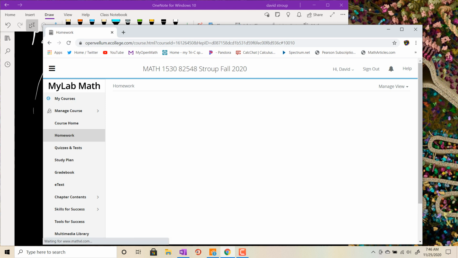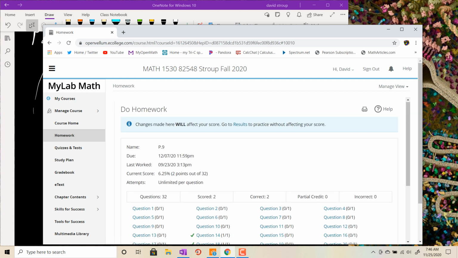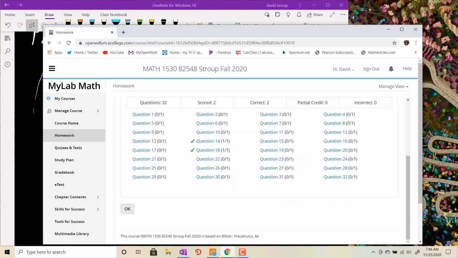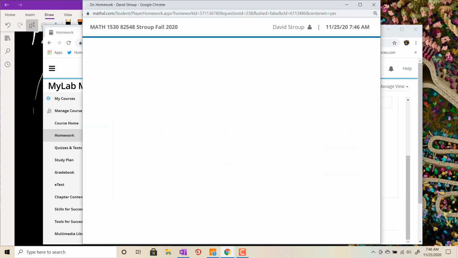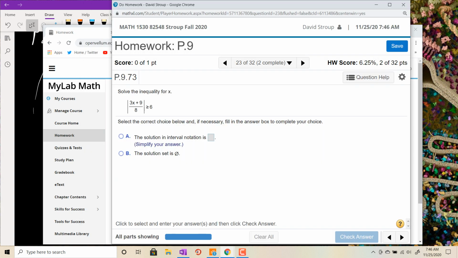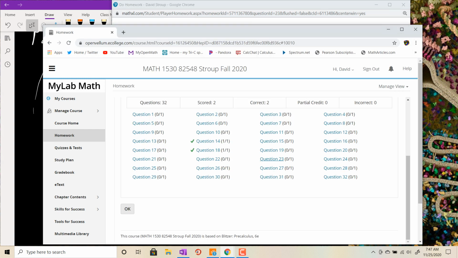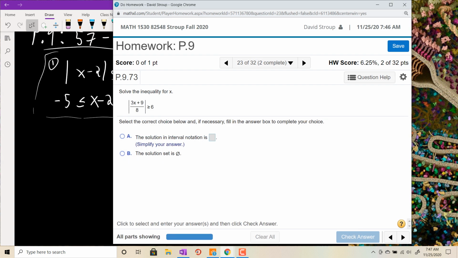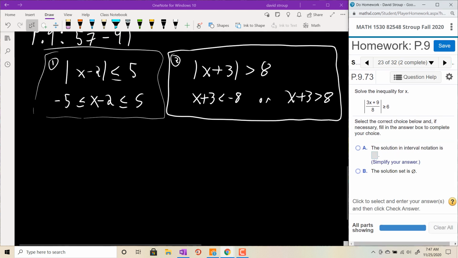There's P9. And we want problems like 57 to 91. So let's get in here. I minimize this, push this to the side, and take a look.